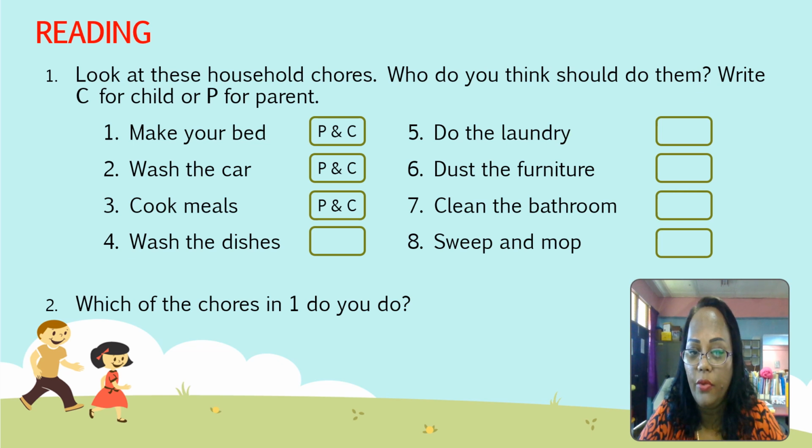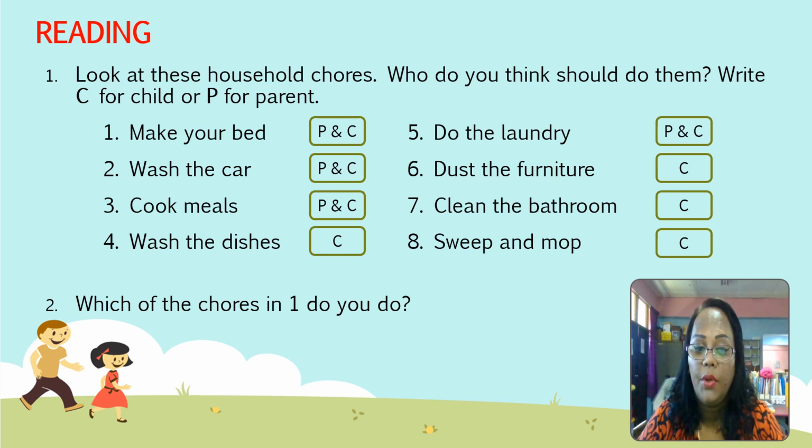My daughters also sometimes cook the meals, and adults, we also cook the meals. Wash the dishes. Normally my daughters, they take turns to wash the dishes. Do the laundry. Everyone does their own laundry. Dust the furniture. My children or the child helps. Clean the bathroom. In my house, my child helps me. Sweep and mop. Also, my children help me.